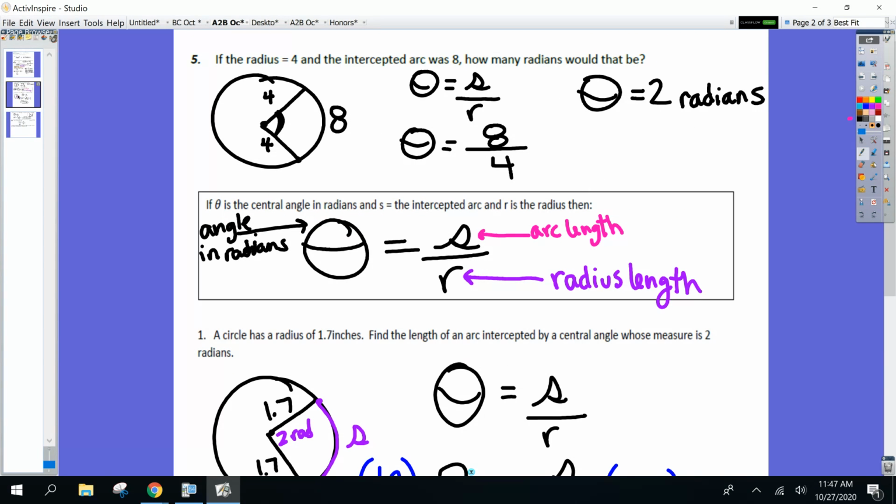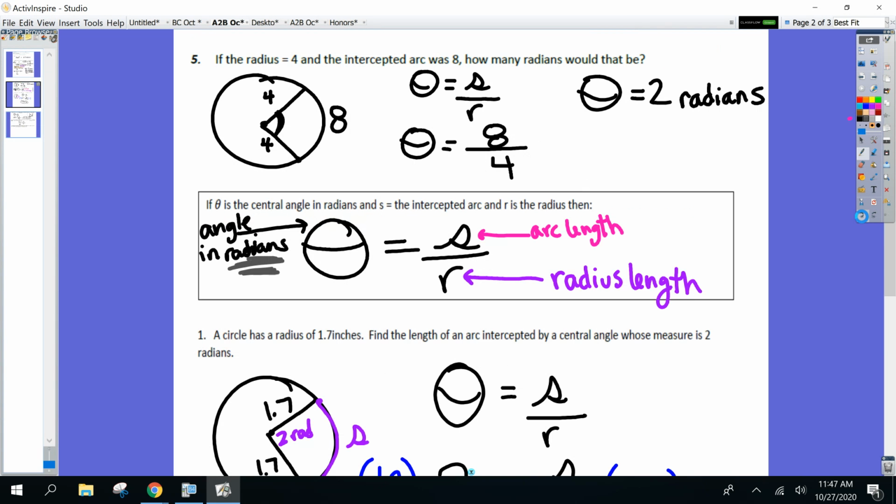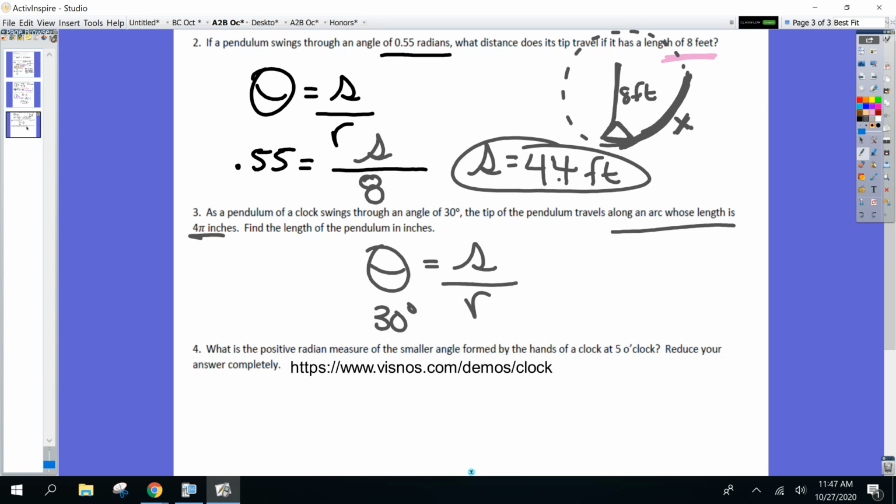Theta is an angle, but it's got to be in radians. This formula is specifically designed for angles in radians, not degrees. So I cannot plug 30 in there. Anybody got a solution to my problem? If I can't plug 30 in there, what should I do first?